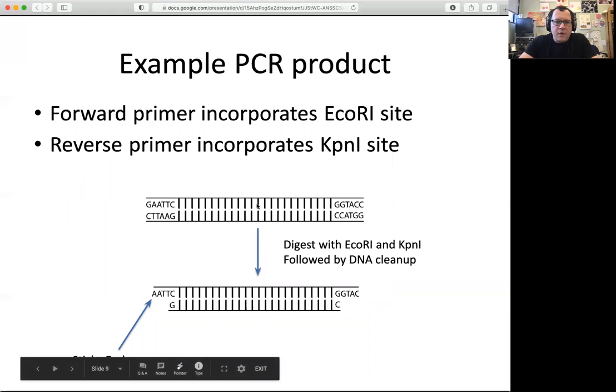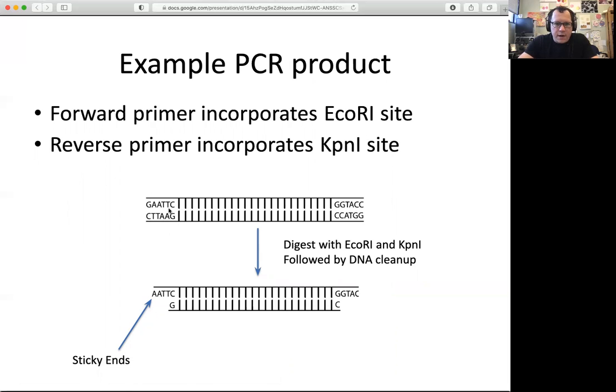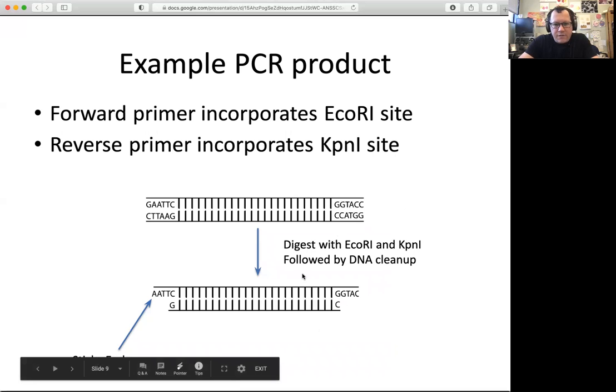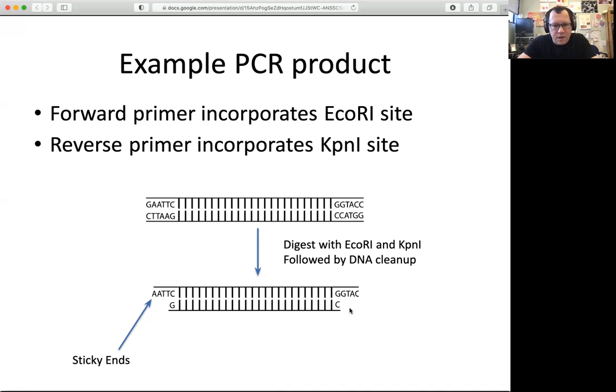So anyway, when we're done with our PCR, if our forward primer incorporated an EcoRI site and our 3' primer, or reverse primer, incorporated a KpnI site, this is a diagram of our PCR product. What we can do is then digest this DNA with those 2 restriction enzymes. We clean up our DNA to get rid of the restriction enzymes and the little DNA fragments; the cleanup process loses really small pieces of DNA and free nucleotides.